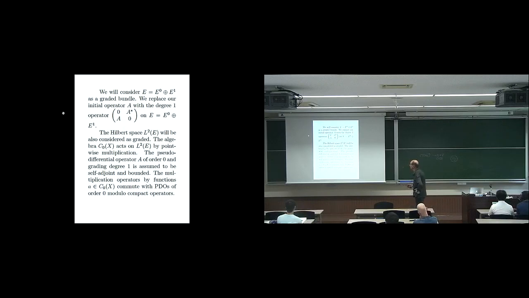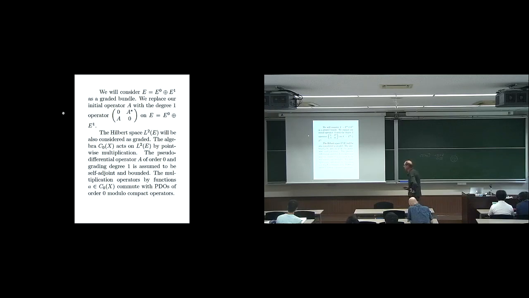If you consider this as a graded vector bundle, you consider this degree 0 part and this degree 1 part, and the operators A and A star interchange, so they have degree 1. So the Hilbert space is also Z2 graded, and differential operators will be degree 1.